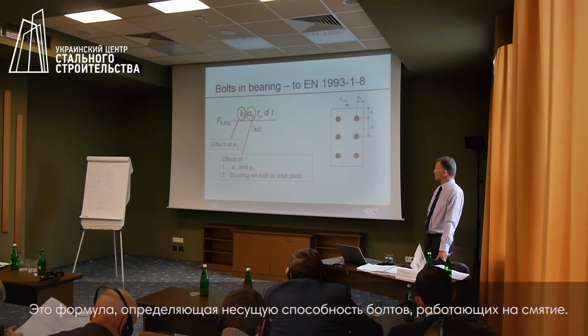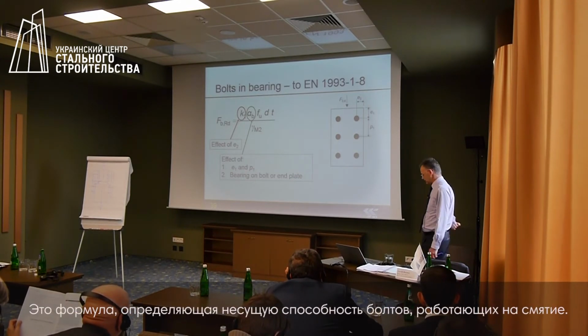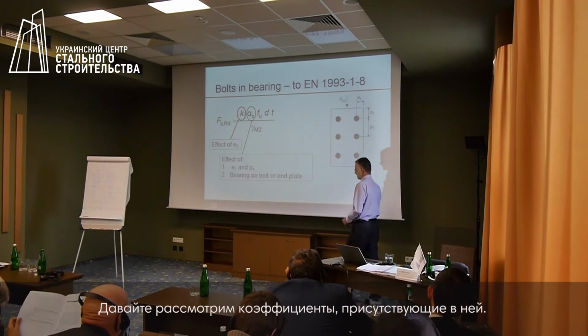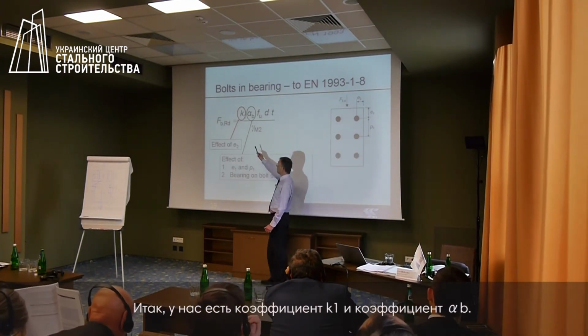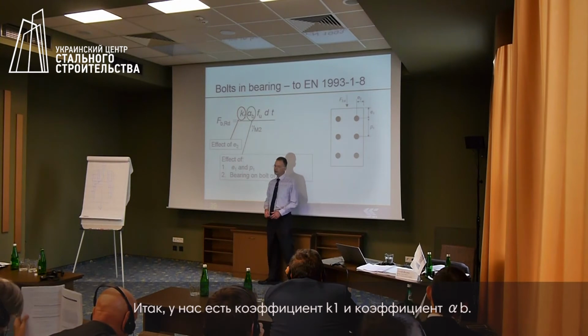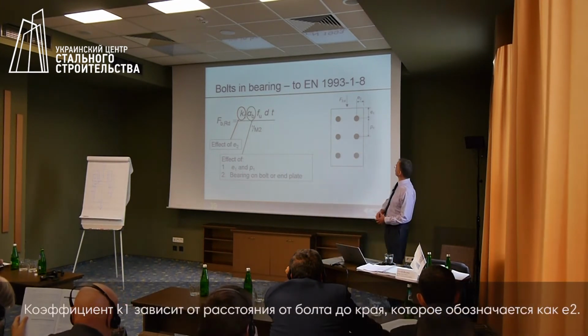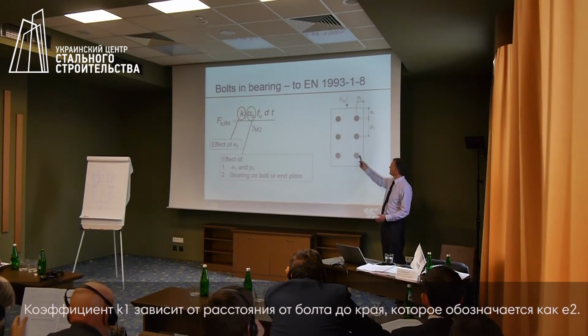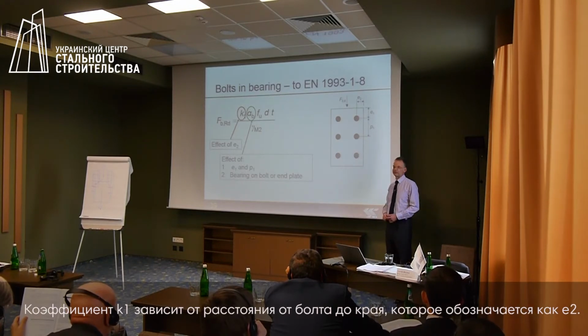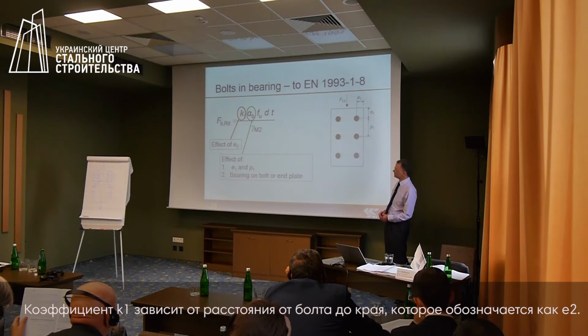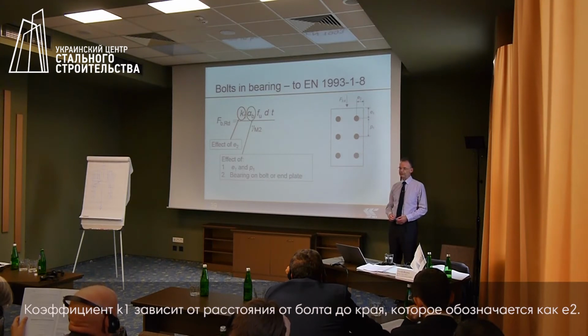There is the resistance of the bolt in bearing, and there are a number of factors now. So we have a K1 factor and an alpha B factor. And the K1 factor deals with the edge distance. Here it's described as the dimension E2.